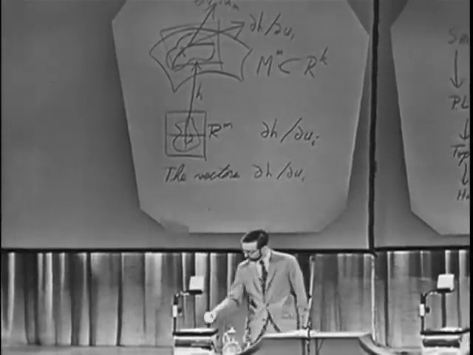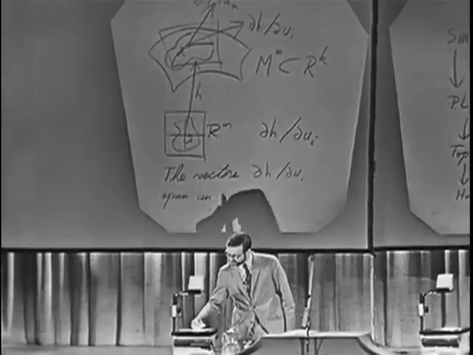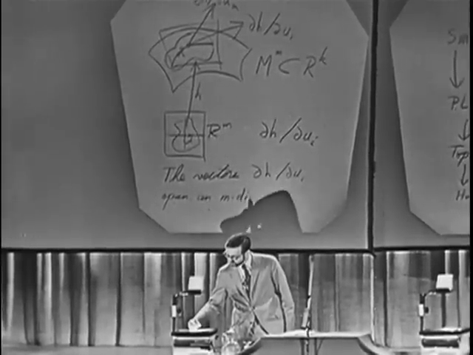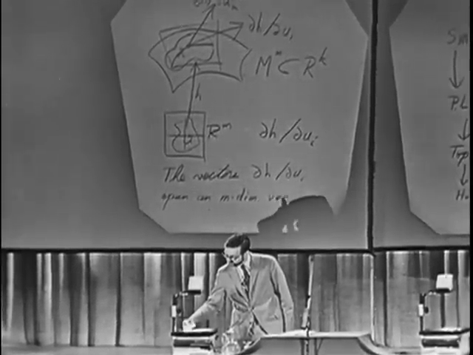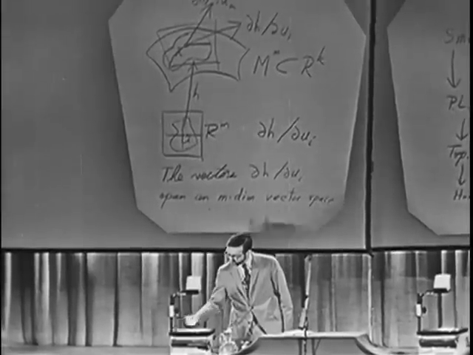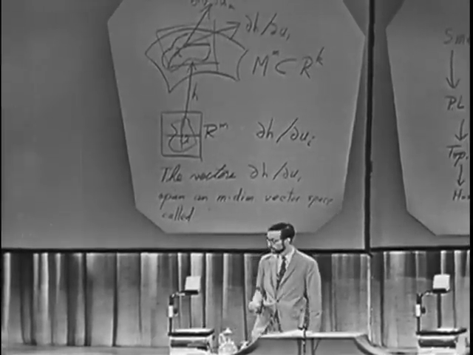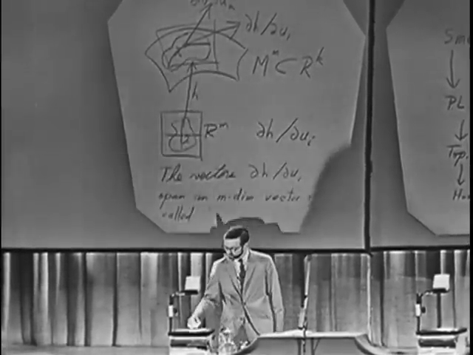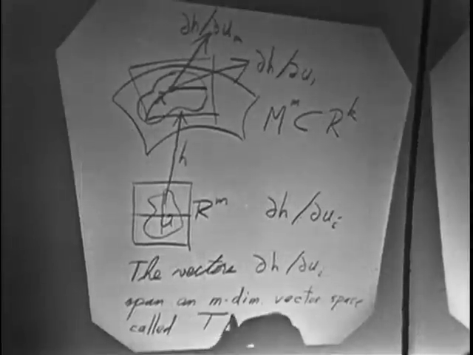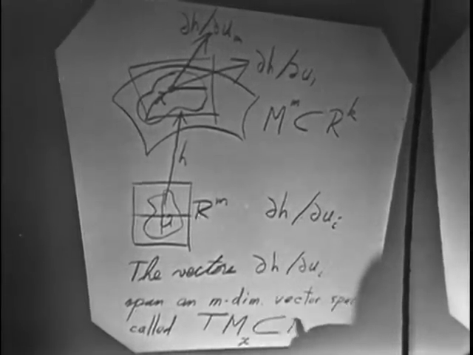And they span an m-dimensional vector space, which is called the tangent space of M at the given point x, and I'll use this notation, tangent space of M at x. And I'll think of this as a subspace of Rk.